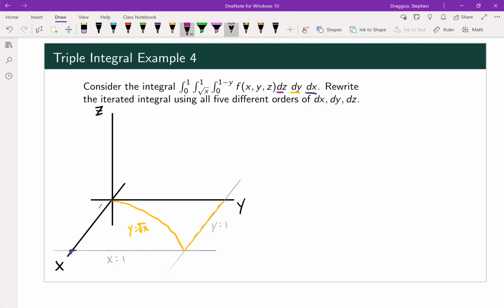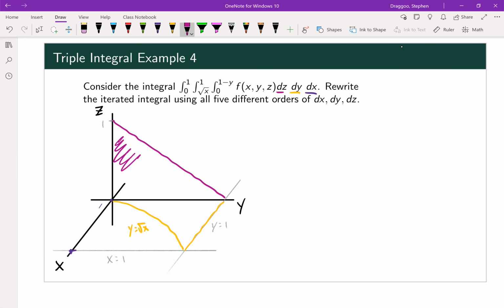So if we start up here at z equals 1 and just draw in the line that we get there, freehanding it, I get a shape that looks about like that. So now that's going to be our zy plane.